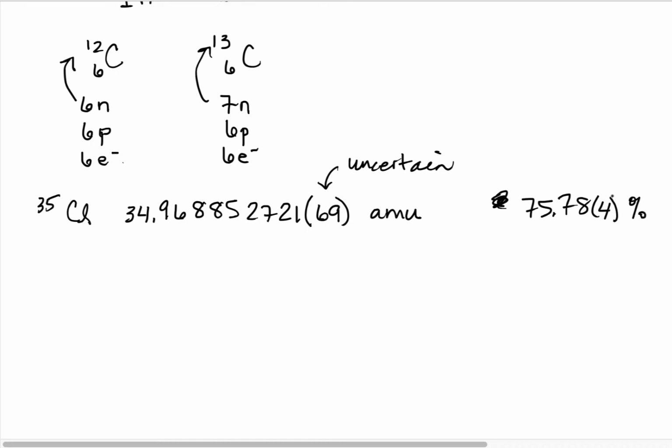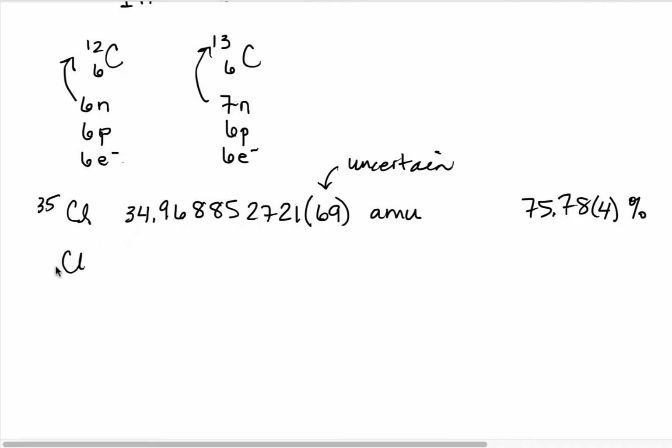This is our first uncertain digit. So notice that our mass has a lot of significant digits. The mass of an atom is generally known very well. The percent abundance is known a little bit less well because in actuality it varies depending on where you are in the world. So we can't have quite as many significant digits with the percent abundance as we have with the mass. But the mass of an individual chlorine-35 atom is known very well.